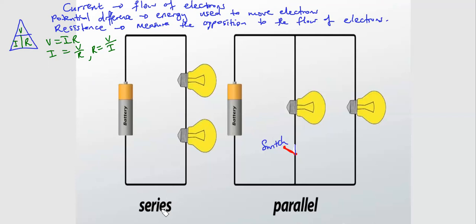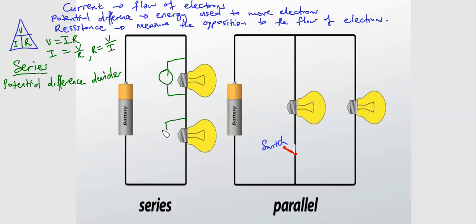Now let's understand how these resistors differ. We have a series connection and we have a parallel connection. When we have a series connection, we refer to it as a potential difference divider, meaning the potential difference here and the potential difference here are different.